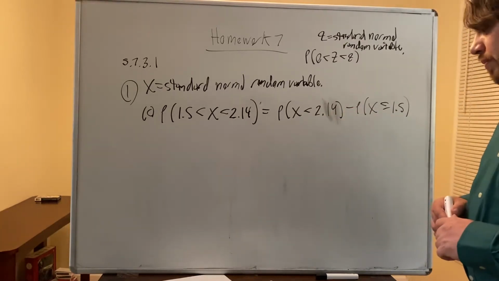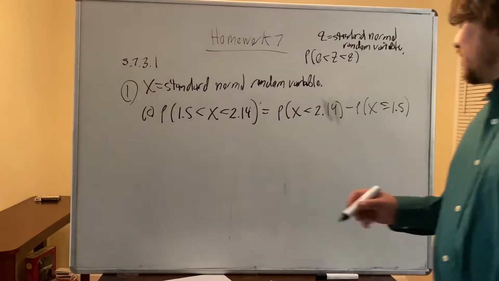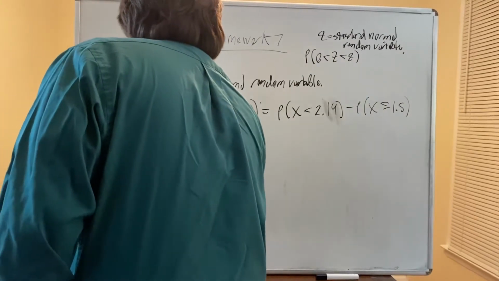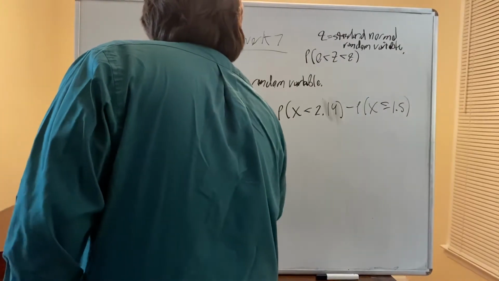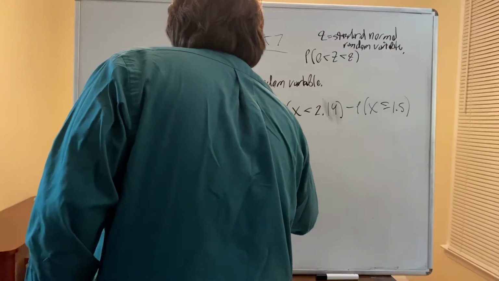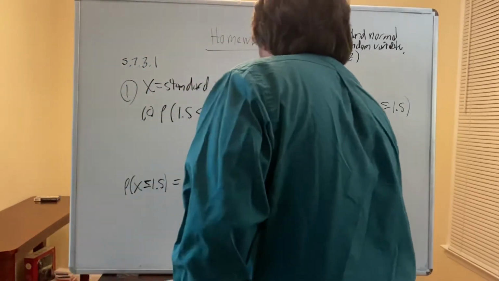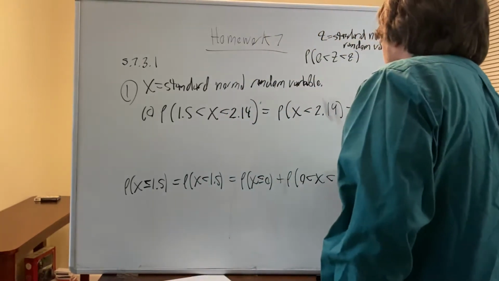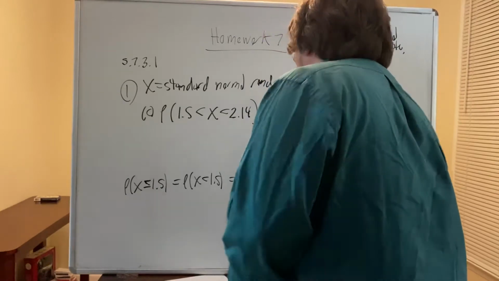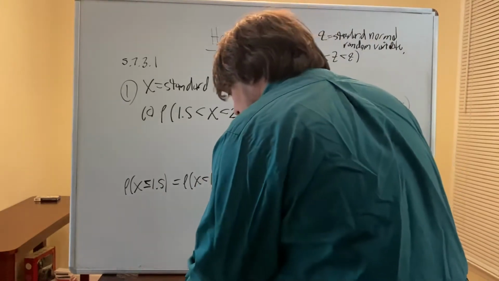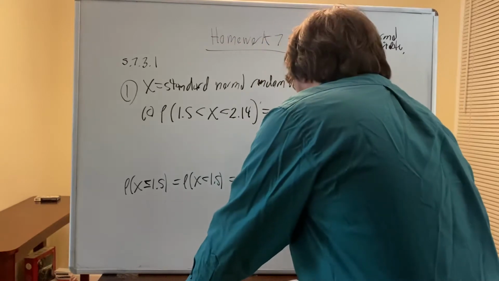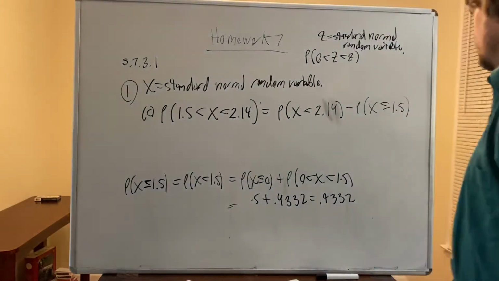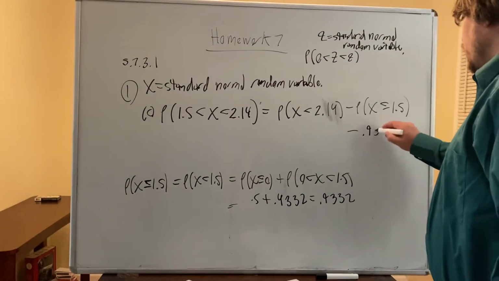So I erased it. Very quickly, the probability that x is less than or equal to 1.5 is the probability that x is less than or equal to 0, plus the probability that 0 is less than x less than 1.5. It's equal to 0.5 plus 0.4332, which is 0.9332. So this is minus 0.9332.